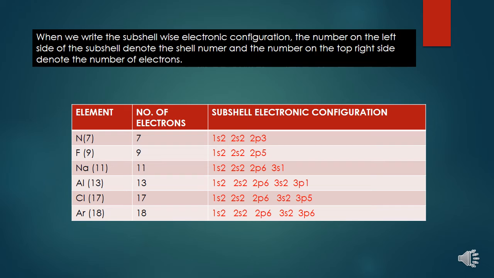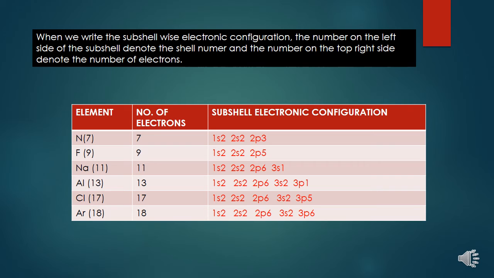The first one is the element nitrogen. Its atomic number is 7. The total number of electrons is 7 because the atomic number is equal to the number of electrons. And we can write the subshell electronic configuration as 1s2, 2s2, 2p3. Why 2p3?